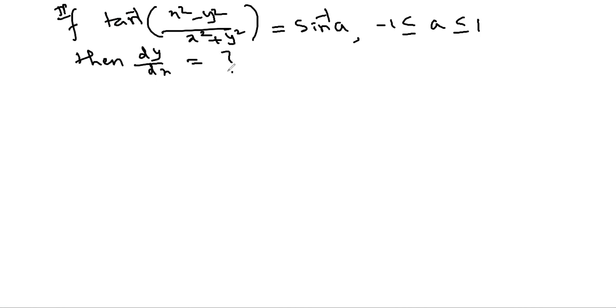So how do we solve? Can anybody give an idea? If tan inverse of x square minus y square by x square plus y square equals sin inverse A, where A lies between minus 1 to 1, then dy by dx. How do we solve this? Can anybody have an idea?